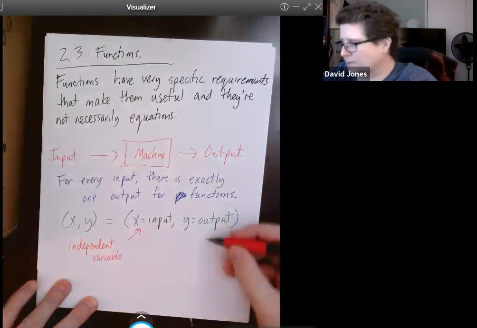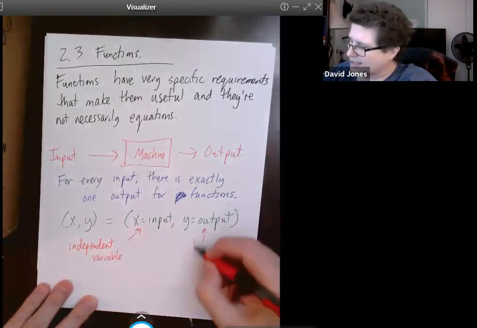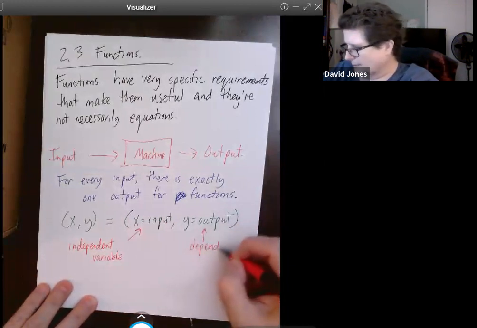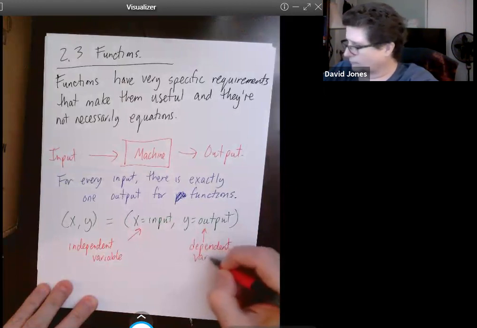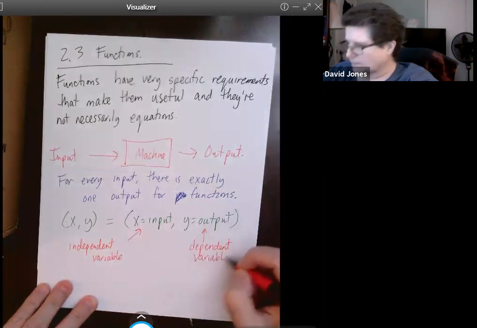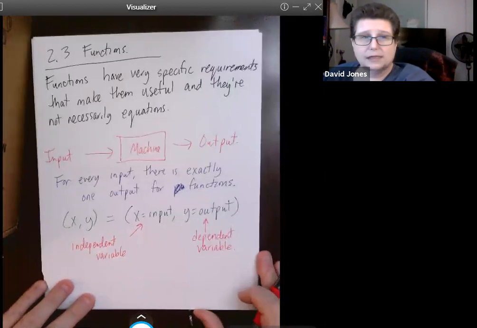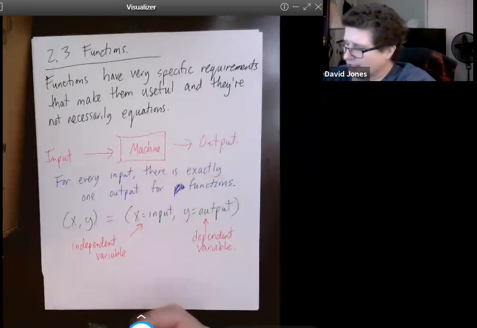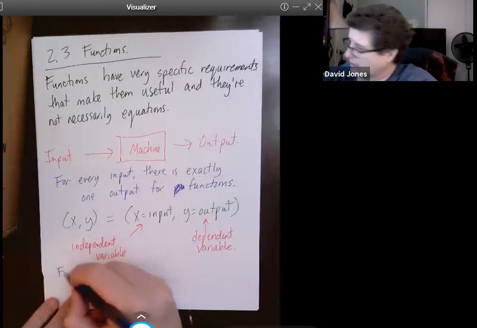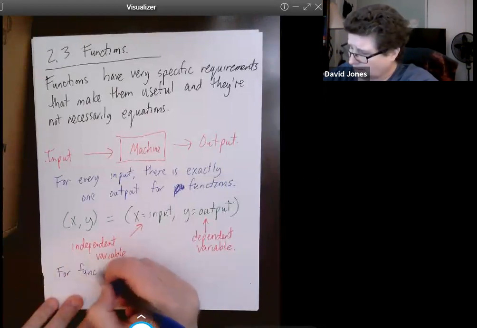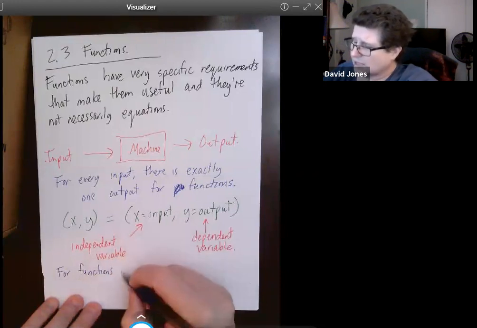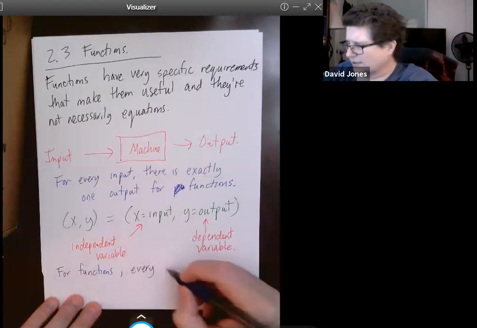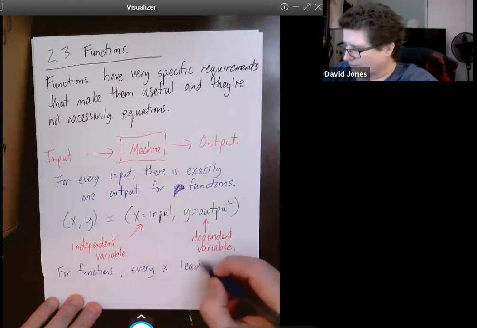And since y depends on what value x is, this is the dependent variable. And so for functions, every x leads to only one y value.